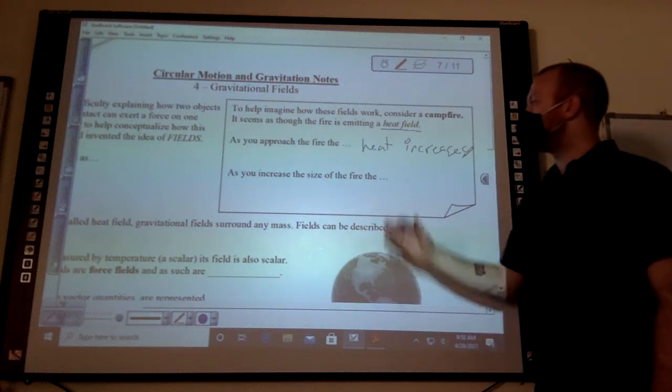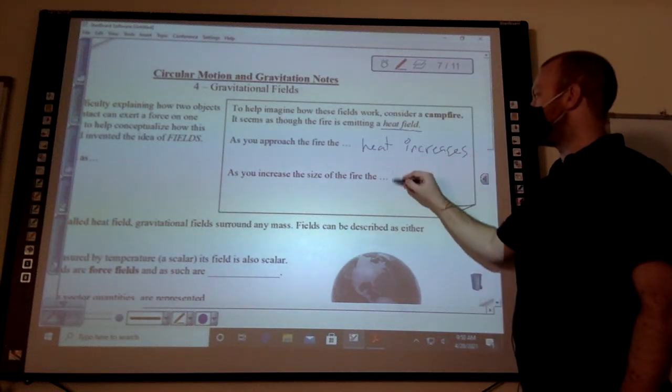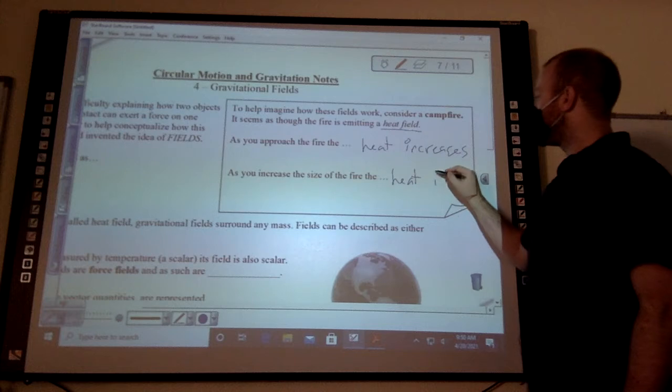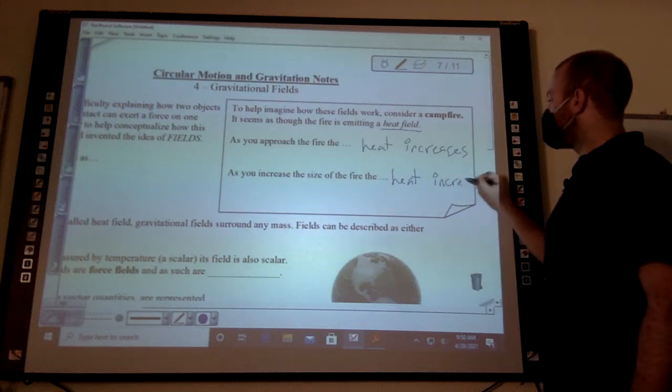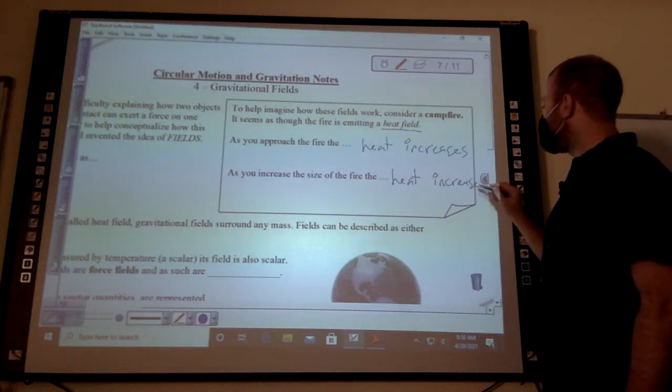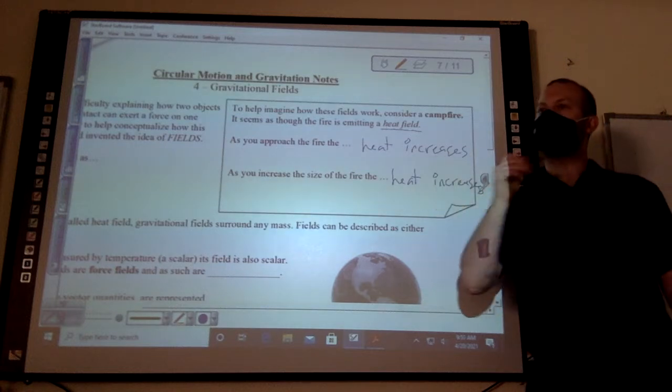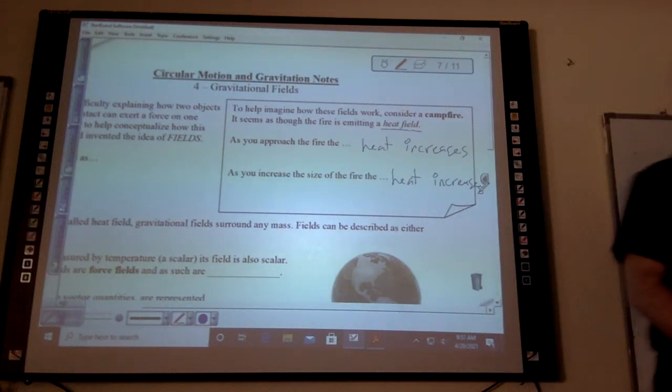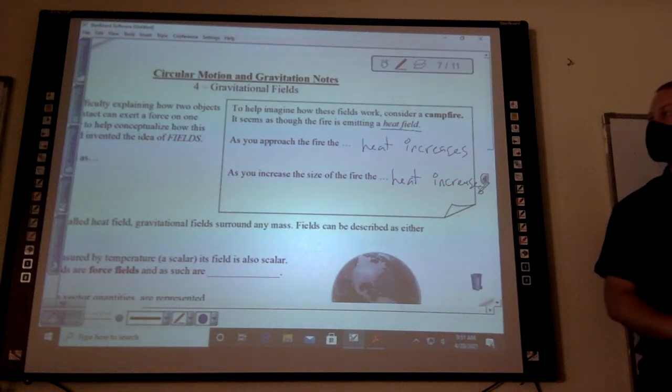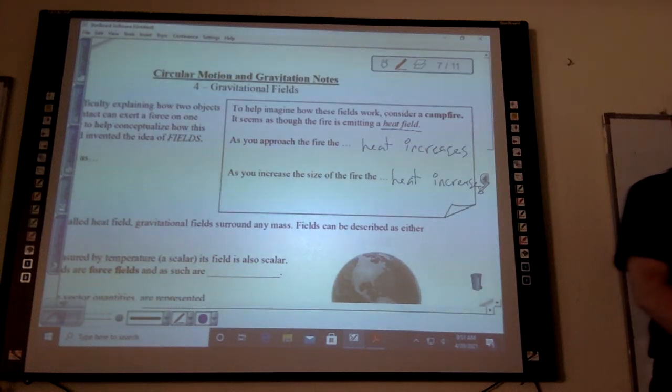And as you increase the size of the fire, you have the same thing, heat increases. I compare it to fire because that's something you've experienced more. I'm assuming most of you have not gone into a satellite and tried to experience what gravity is in orbit.